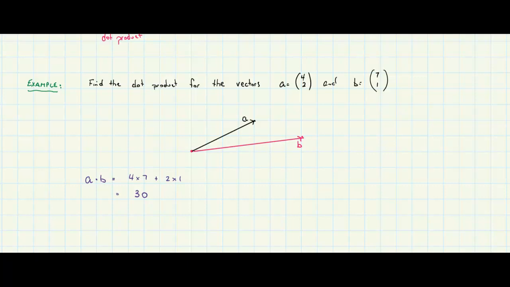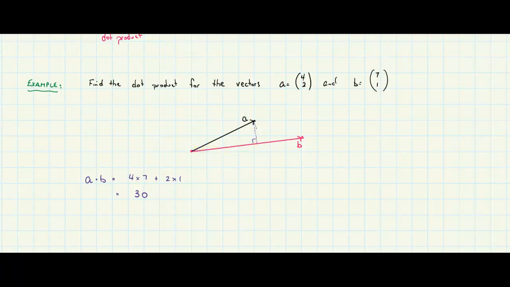If we projected A down here onto B, like so, then it would be this distance here, that part of A that projects onto B, multiplied by the magnitude of vector B itself.